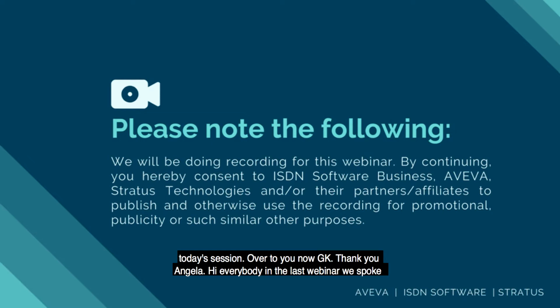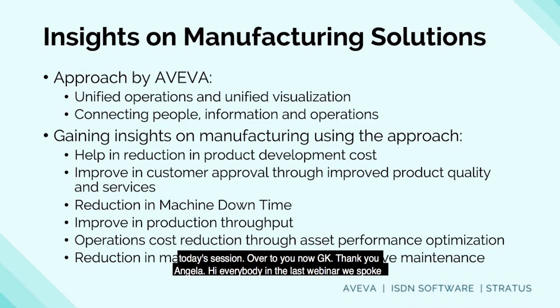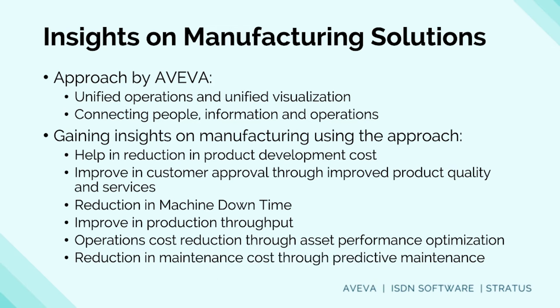Thank you, Angela. Hi, everybody. In the last webinar, we spoke about three key elements approached by Aviva in digital transformation. To recap, these elements are: first, using an asset-centric approach to provide a unified data model to empower all operations. Second, the technologies platform around the digital asset model to support operation with unique, context-driven information and to help optimize performance.